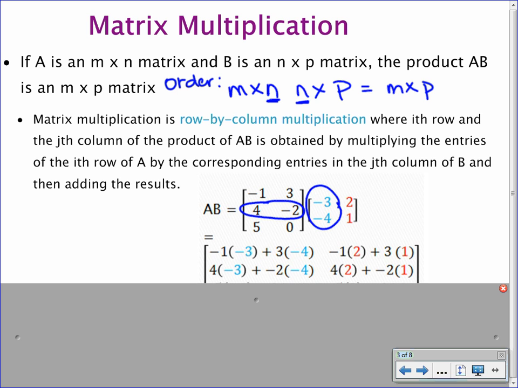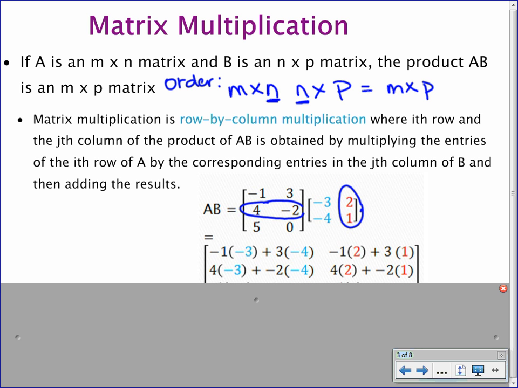Then if we move to the second row times the first column, that number is going to go in the second row, first column. We're going to take 4 times negative 3 and negative 2 times negative 4, add that together, and that is our entry. Second row times second column, we match these two numbers up, multiply and add them together, and that goes in the second row, second column of our matrix.